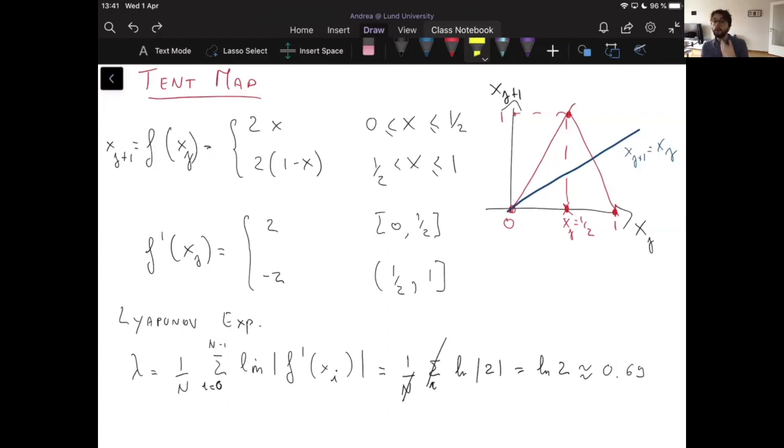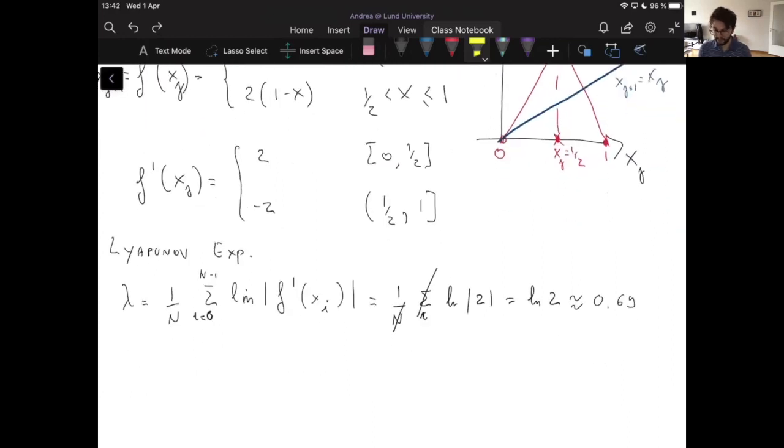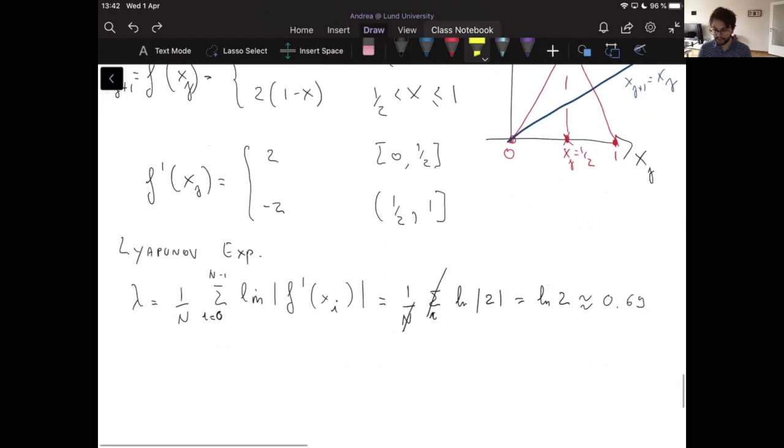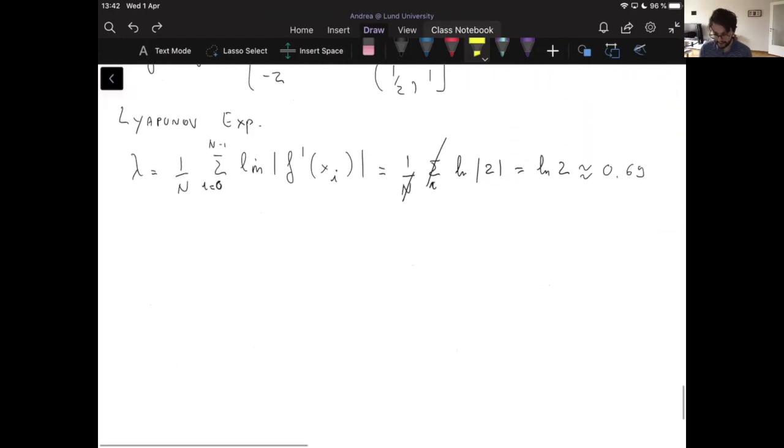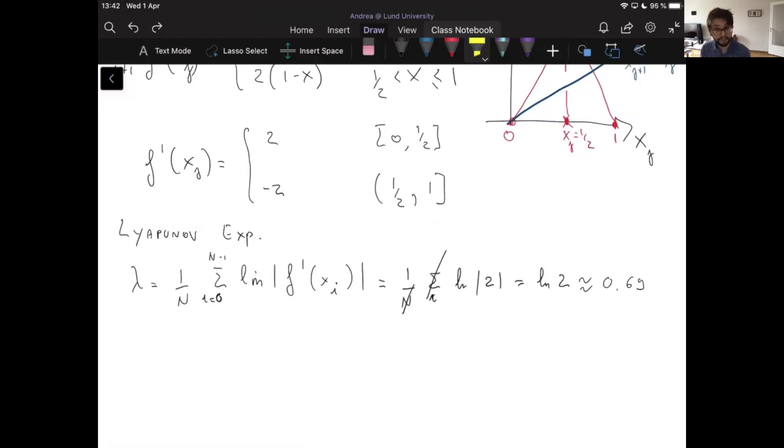But if there are no periodic cycles within a map, then even though the map is very simple, to the point that we can study it analytically, it can still have chaotic behavior.